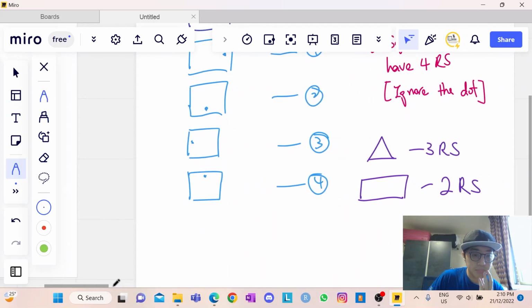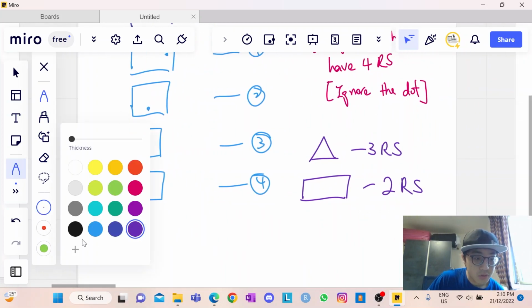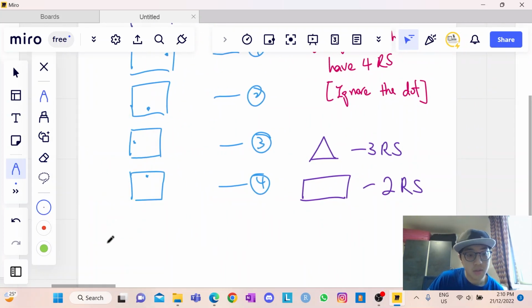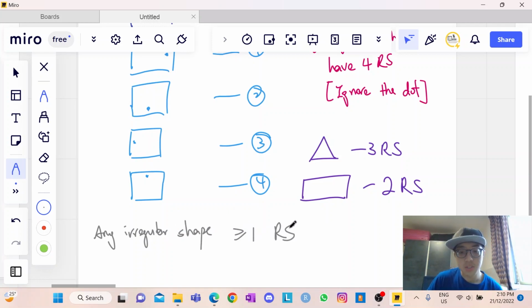Any irregular shape will have at least 1 rotational symmetry. Let's say there's a very weird shape right here that you cannot get any rotational symmetry from however you turn it.